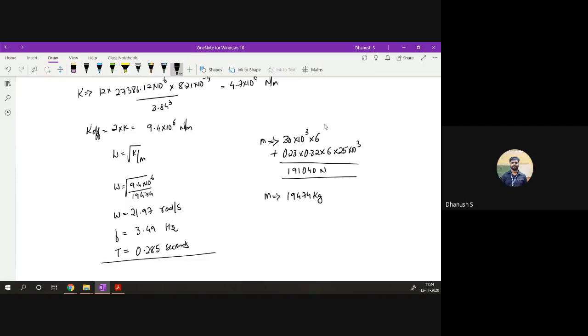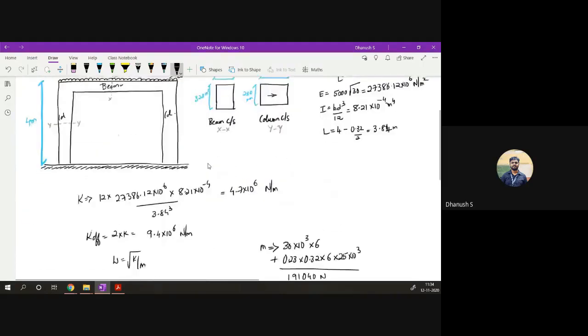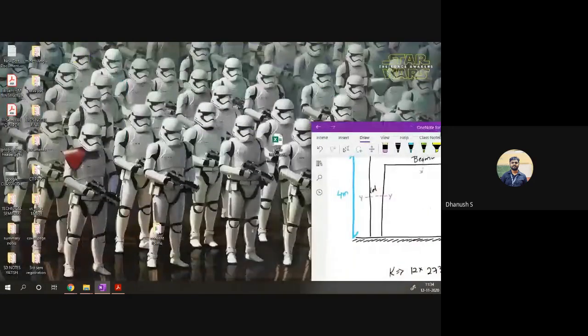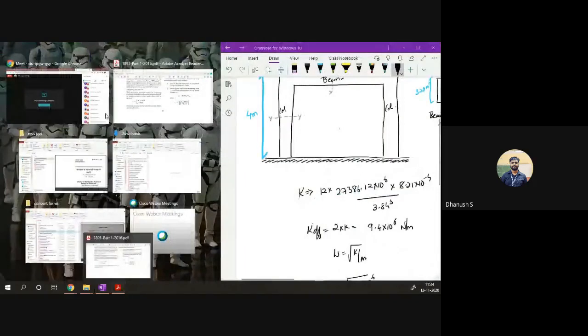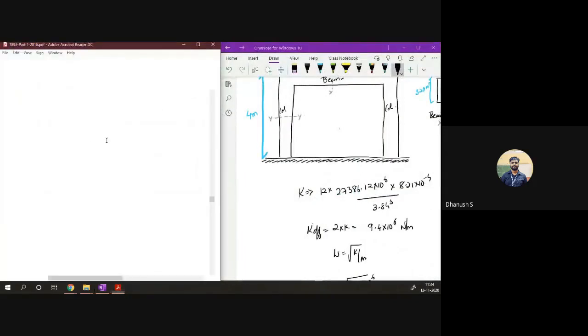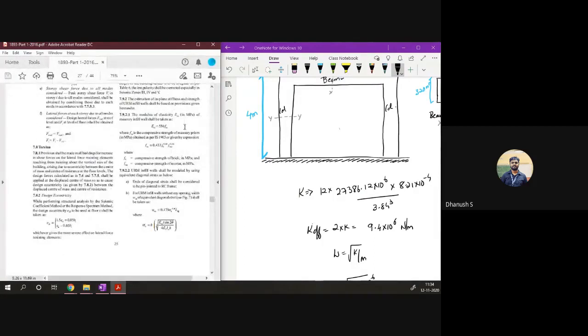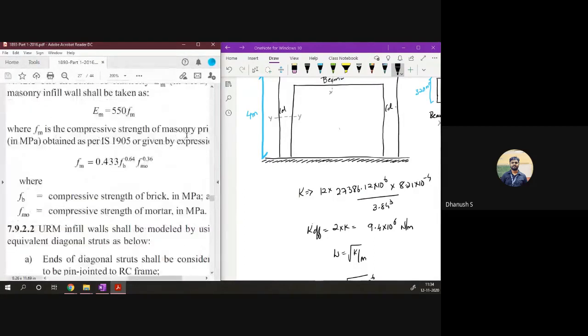Okay. Till here, you guys knew how to do it. Now we'll have to consider the effect of infill. To consider the effect of infill, what should we do? We saw the formula in the last class. We'll need to use this.